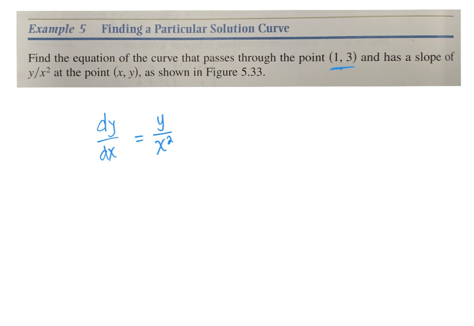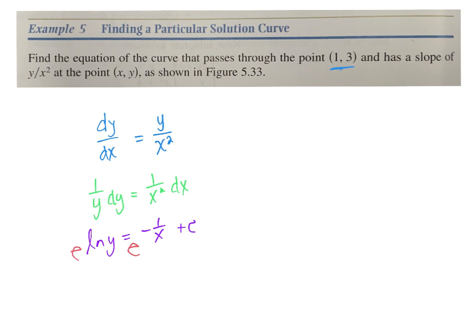So we'll end up with 1 over y dy equals 1 over x squared dx when we get those separated the way they're supposed to be. And then the antiderivative here is natural log of y equals negative 1 over x plus c. Again, we're solving for y here. So you want to use your base e to get rid of your ln.